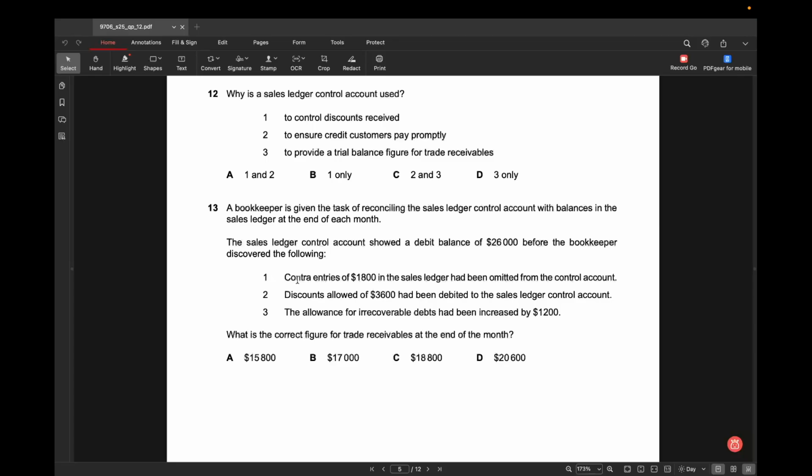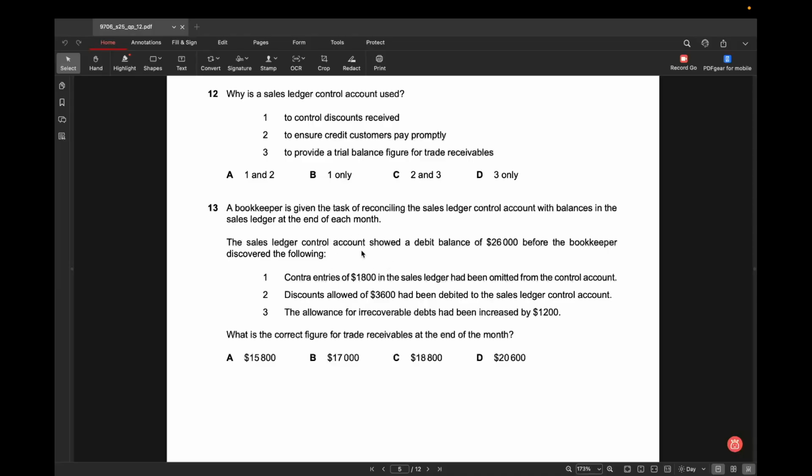Number one, a contra entry of 1800 in the sales ledger has been omitted from the control account. Then discount allowed of 3600 has been debited to the sales ledger control account. And the last one, an allowance for irrecoverable debt had been increased by 1200. What is the correct figure of trade receivables at the end of the month?